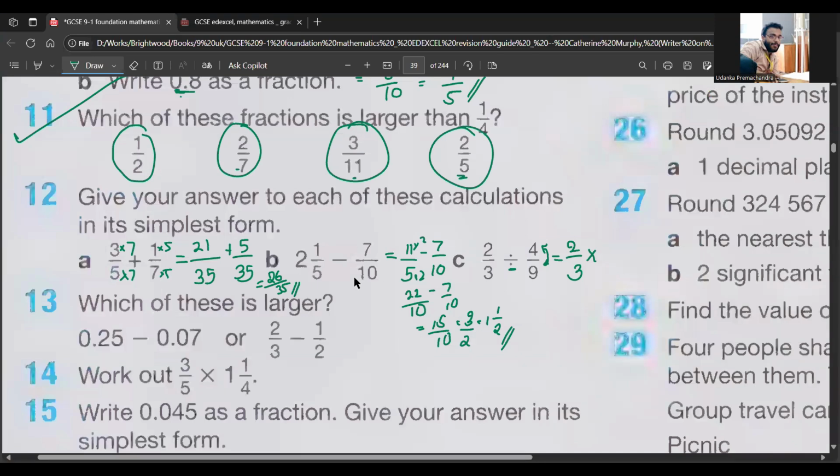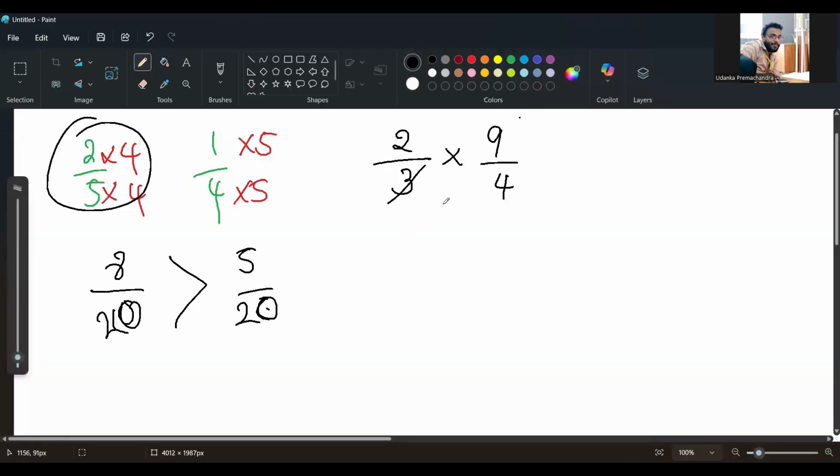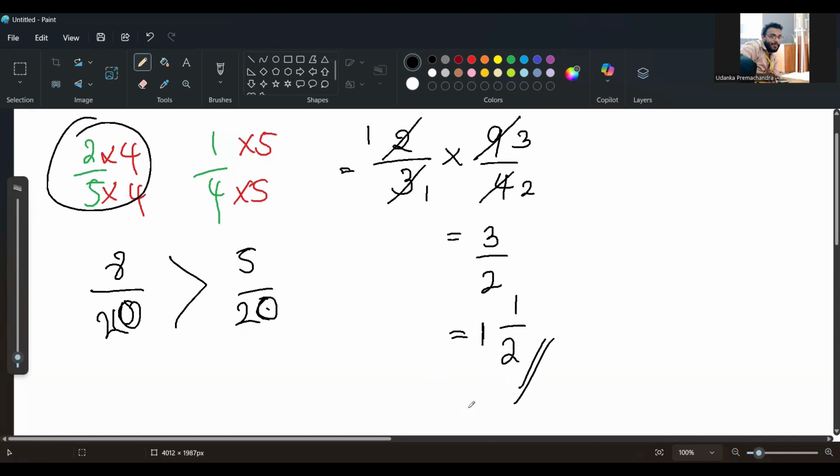Now cancel. How many threes? There are 3. If I cancel by 2, here 1, here 2. 3 over 2. Again, you can, if you want, convert this one as a mixed number. 1 and 1 over 2. Clear? Do like this. 1 and 1 over 2.